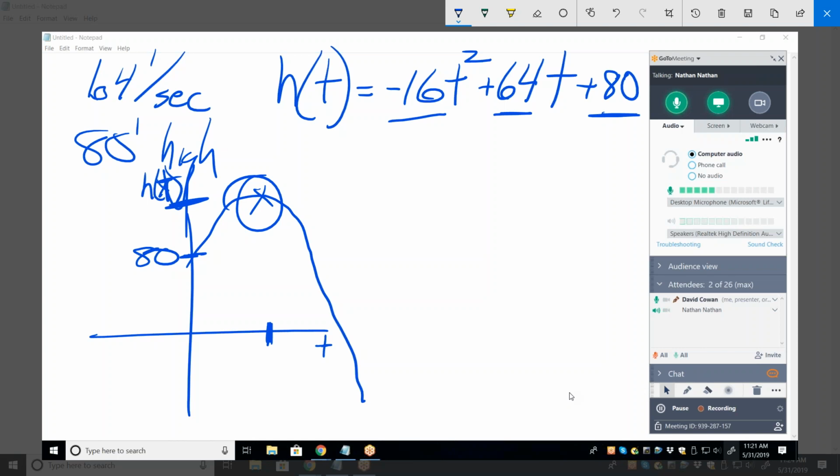Yeah. So when you are given a quadratic like this, there's another way to solve for the vertex. First thing you can solve for is the t-coordinate of the vertex. Do you know what that formula is? First half of the quadratic formula.